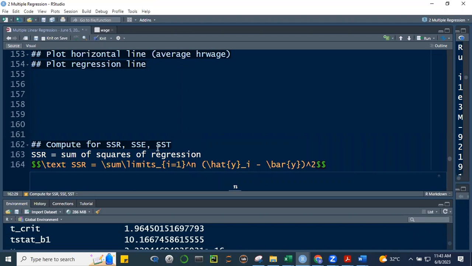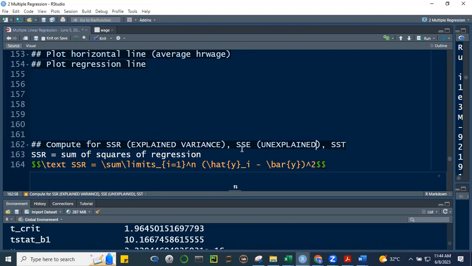How many percent of the variability of your dependent variable can be explained by your model? So another name for this is your explained variance. So variance ng dependent variable natin. Si SSE naman unexplained. So that's your unexplained variance. Ilang percent ng variability ng dependent variable natin cannot be explained by our model.